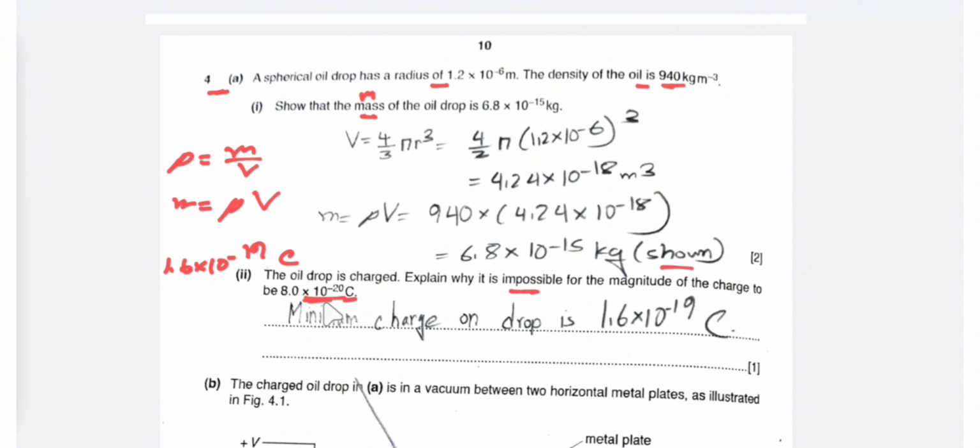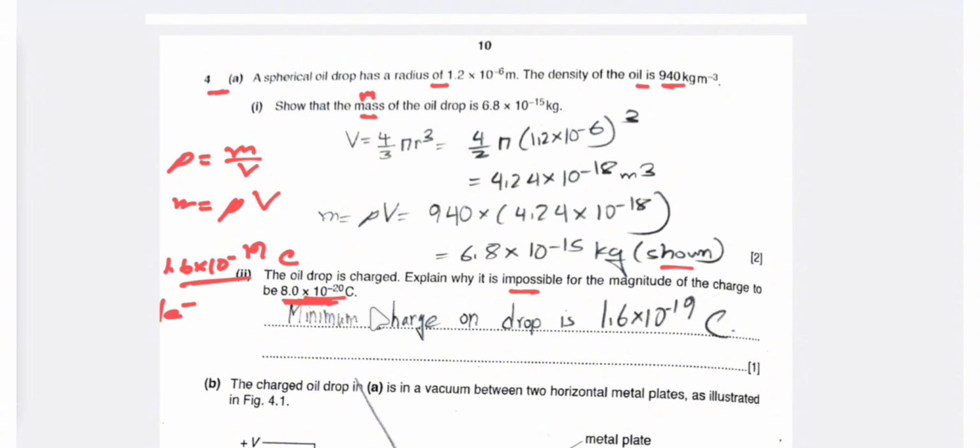For this charge to be a valid charge, it must be a multiple of the elementary charge, since this is the charge of one electron. So if we divide this number by the elementary charge, then we would get a fraction or a decimal number.